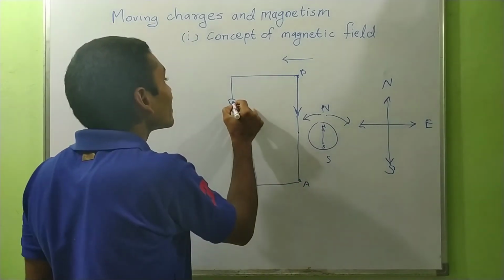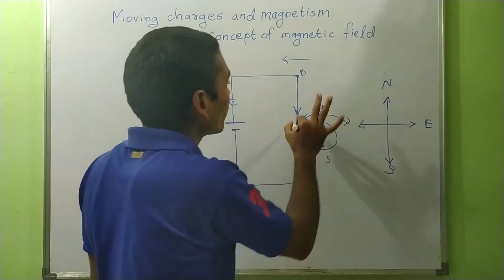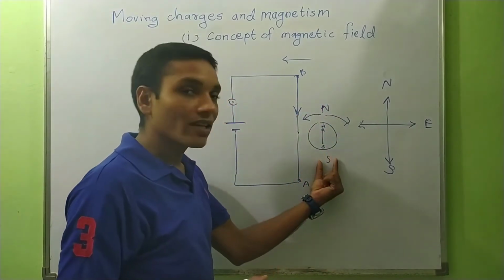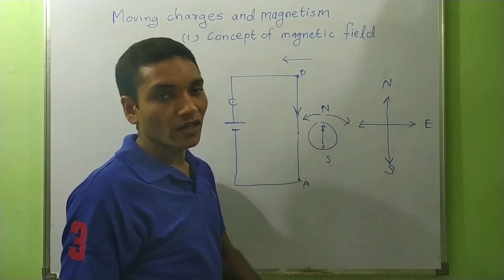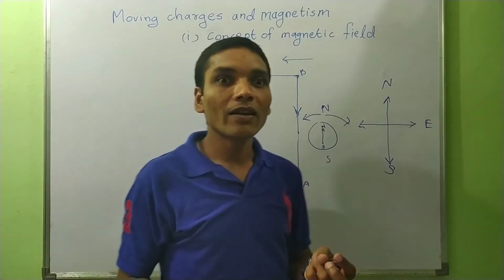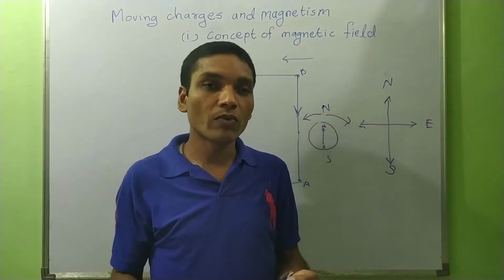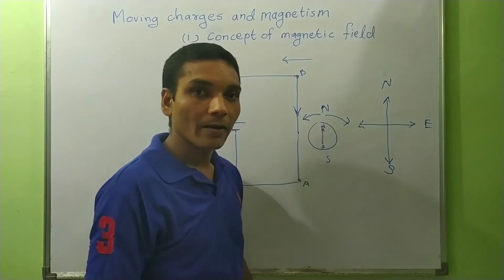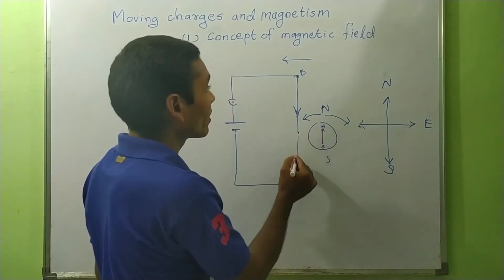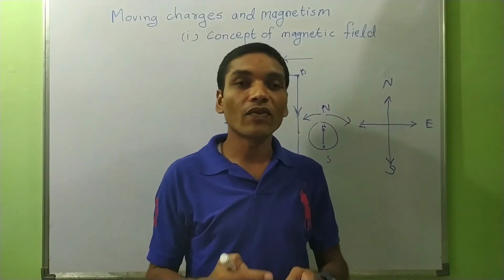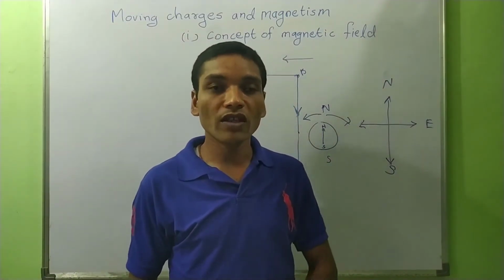When the current is not flowing through the conductor, there is no deflection in the magnetic needle, means a magnetic field is not produced near the magnetic needle, and if current is flowing through the conductor, then a magnetic field is produced here.